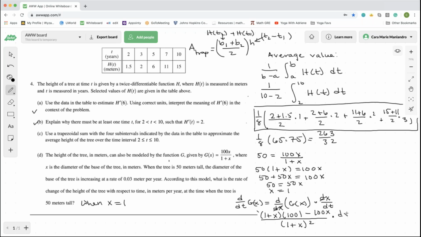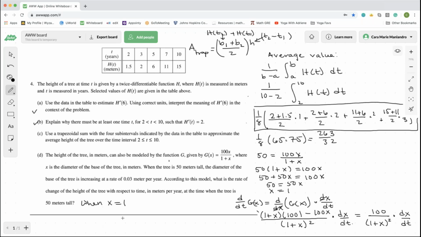And then we can't forget the dx dt. That was given to us. So I'm going to go ahead and simplify. When I distribute that 100, I get a negative 100x. So this equals 100 over 1 plus x squared times dx dt.